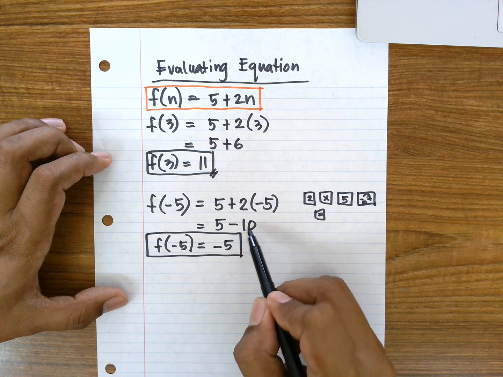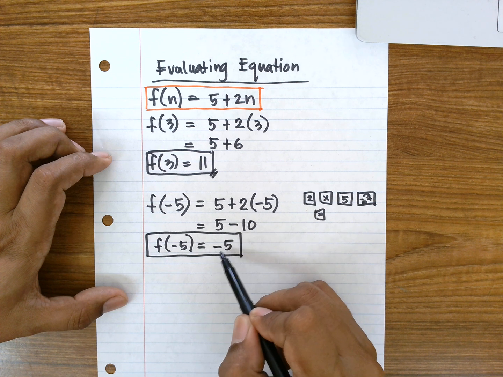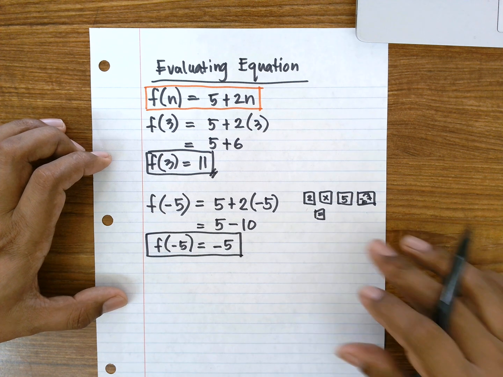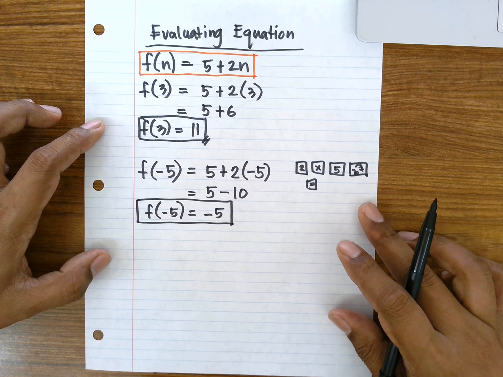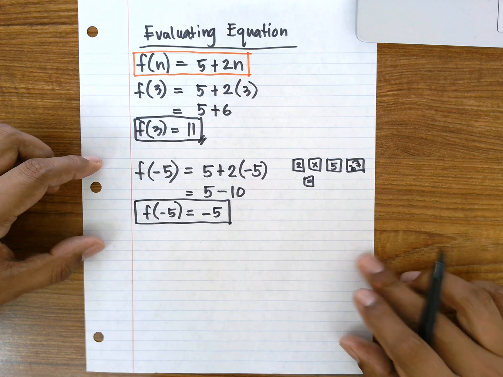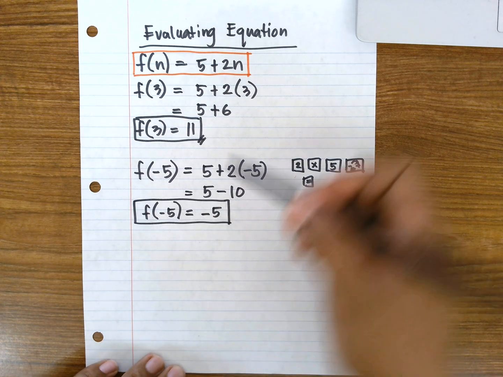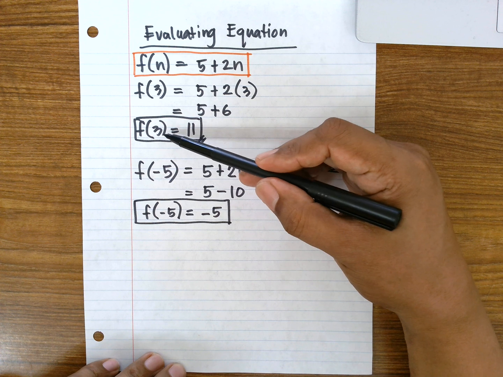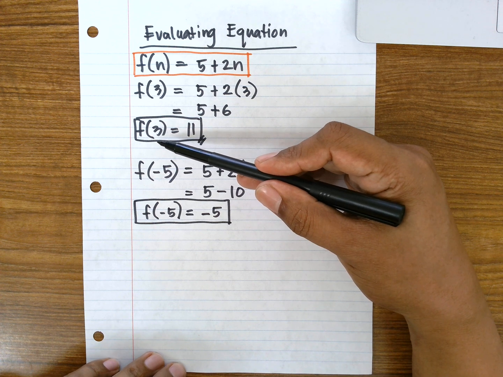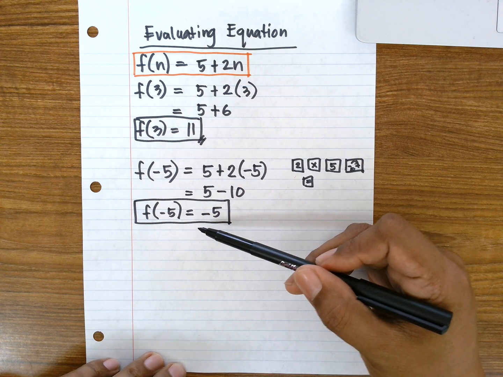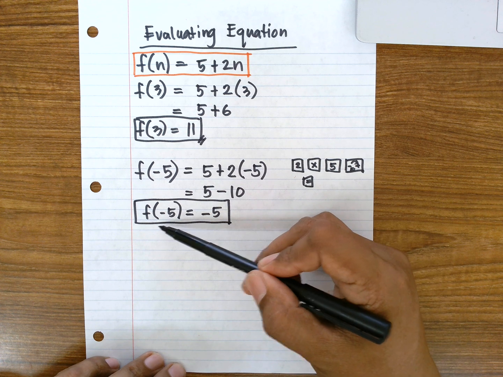Or 10 minus 5 is 5, and then that will be negative. Alright, so we have these values: for f of 3, when n is equal to 3, and the value of our equation when our n is equal to negative 5.